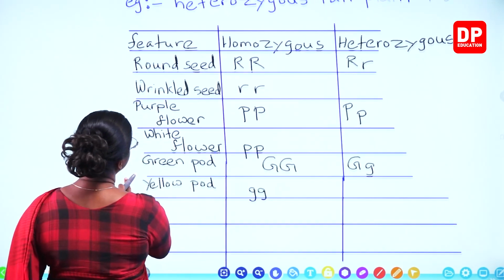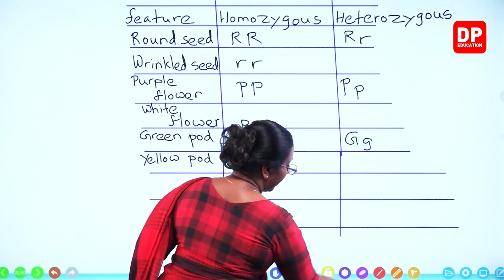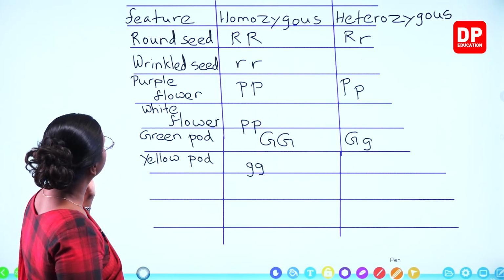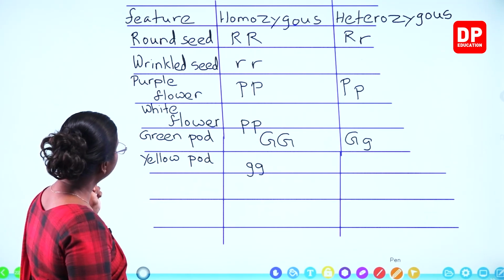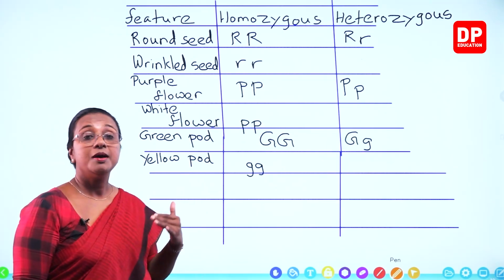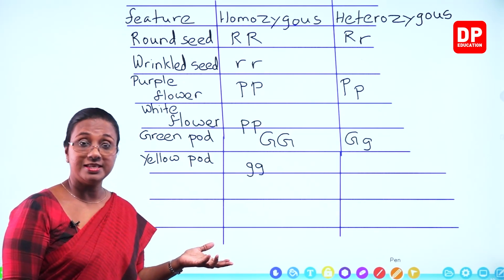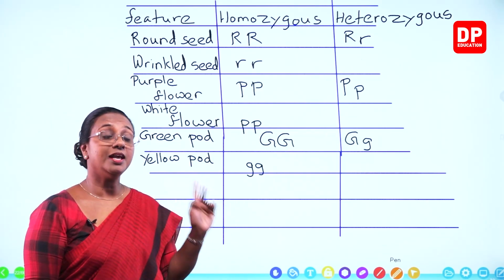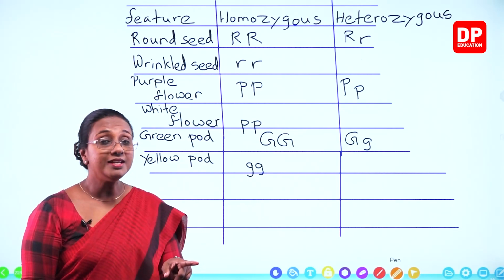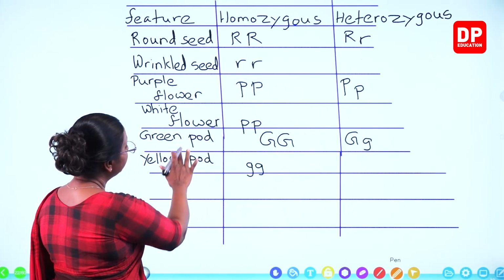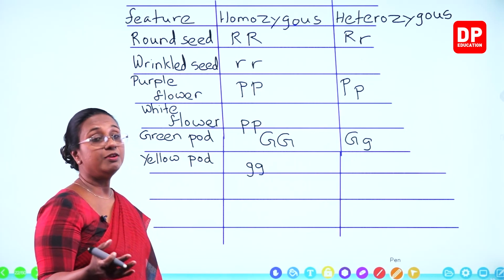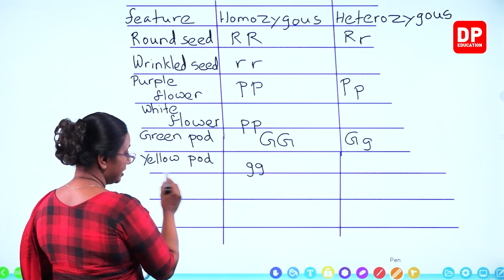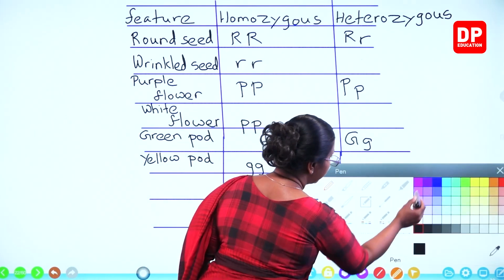Then we can write down one more character. We have used the tall and short character, round and wrinkled seed, then purple flower, white flower, green pod, yellow pod, and you can remember the color of seed. They are also yellow and green, but the yellow seed is dominant, green seed is recessive. So you have to remember that, students. They will normally give you the features, but you have to remember. Green pod is dominant, whereas the yellow color, I will use a different color to write.